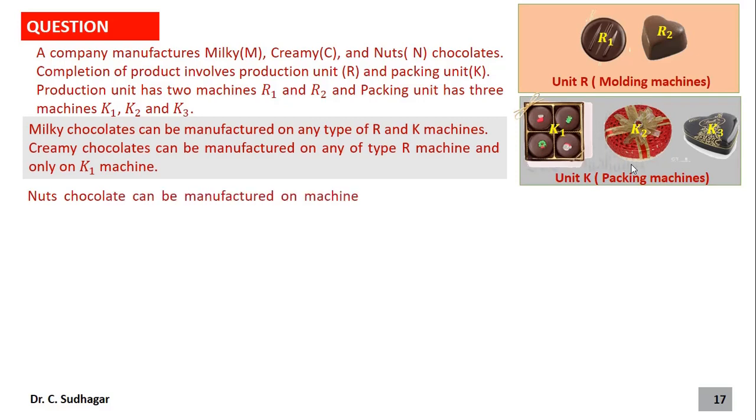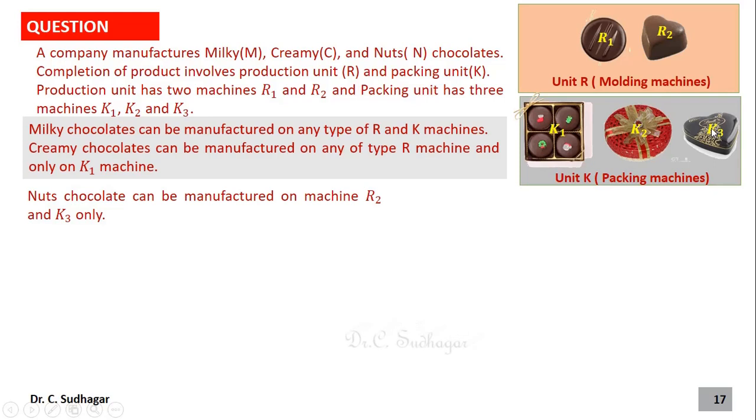Nuts chocolate can be manufactured on machine R2 and K3 only. For nuts chocolates, the third type of chocolates, can be manufactured only on R2 and packed only on K3. So those are the conditions given in the question.